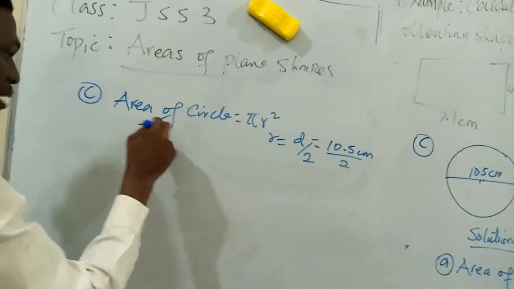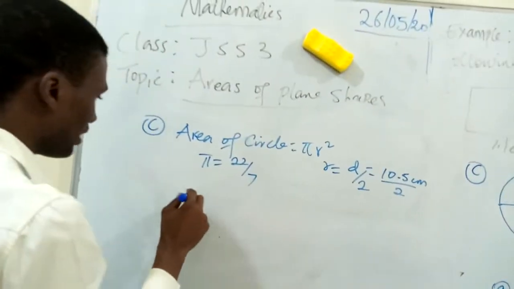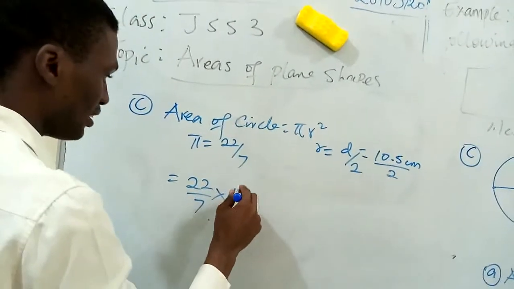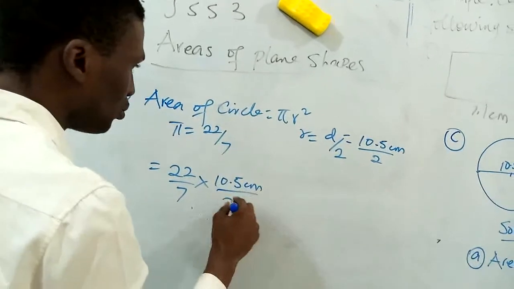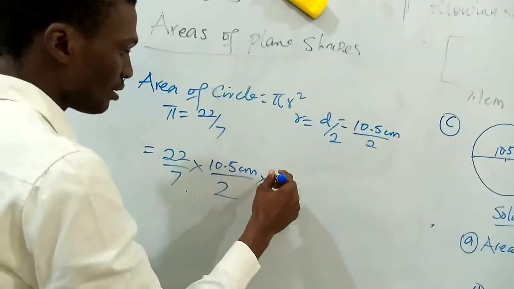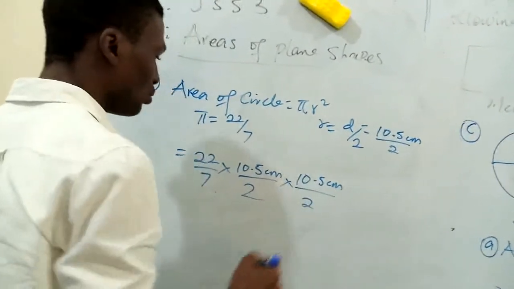We're told that our pi is 22 over 7. So we say 22 over 7 times our r, 10.5 cm over 2. We're interested in radius, no longer diameter. Then times 10.5 cm all over 2.